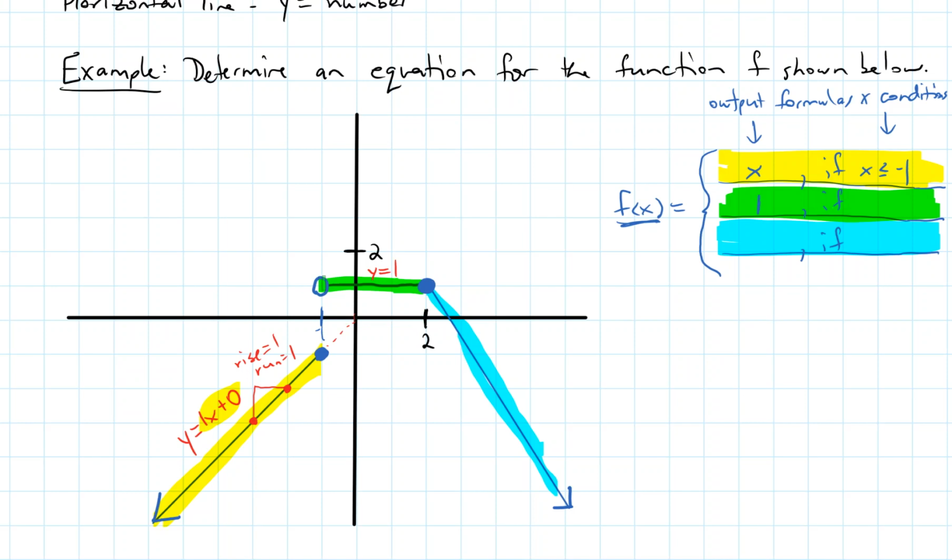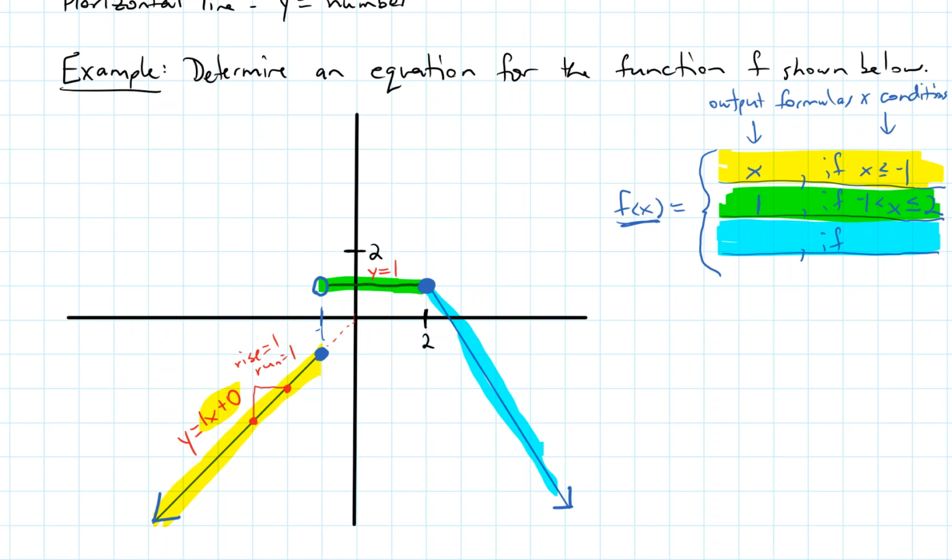At -1 you have an open boundary point, so that means x is greater than, not greater than or equal to, just x is greater than -1 because that boundary point is not included. At 2, x is less than or equal to 2 because it's a closed boundary point.